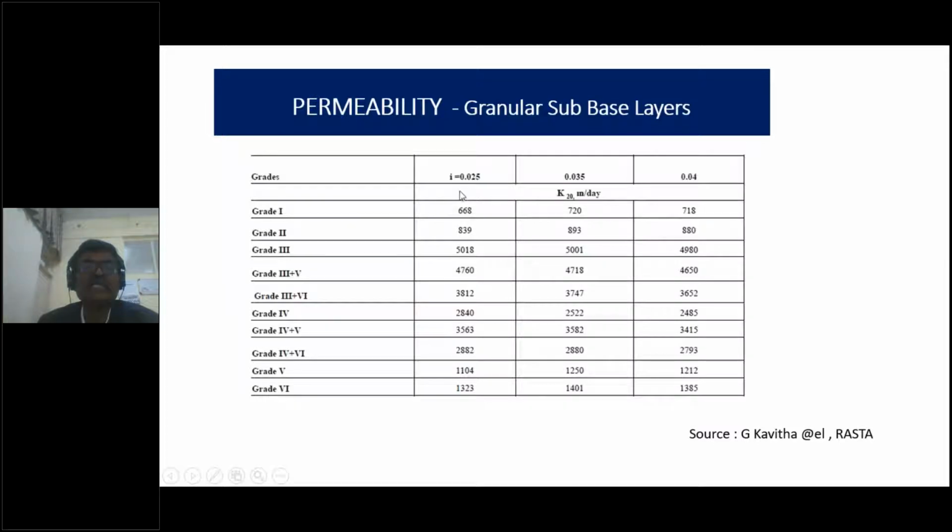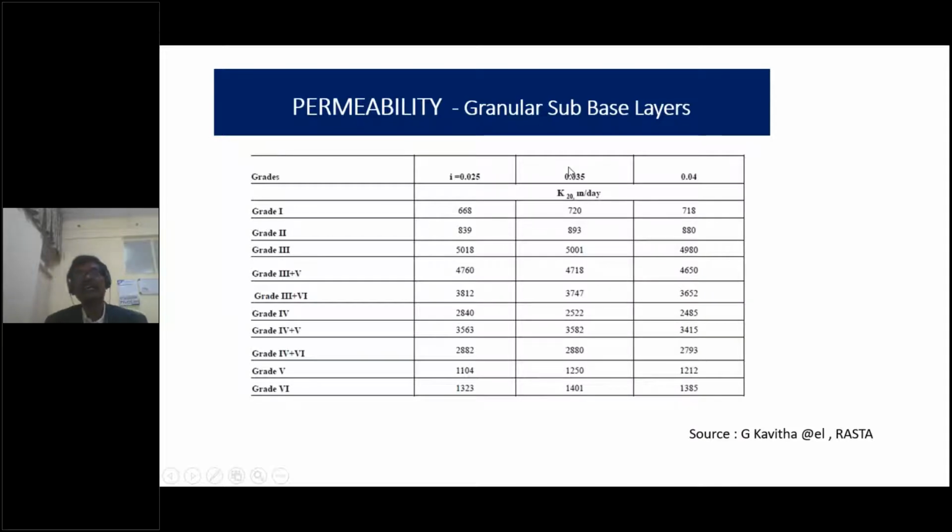For grade 1 it is 668 meters per day, for grade 6 it is 1300, and the highest is for grade 3, about 5000 meters per day. This is at a hydraulic gradient of 0.025.